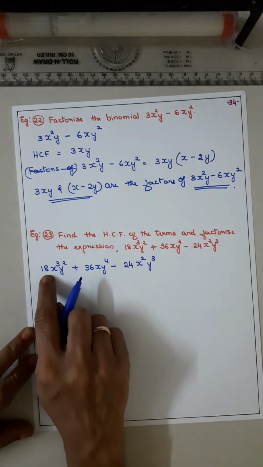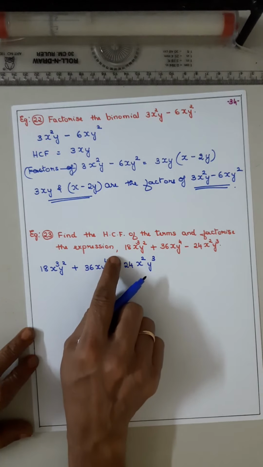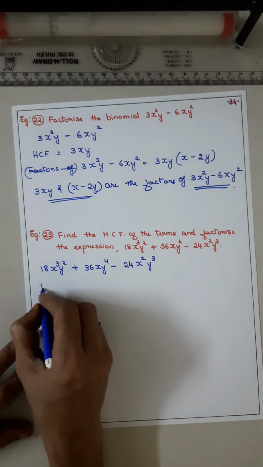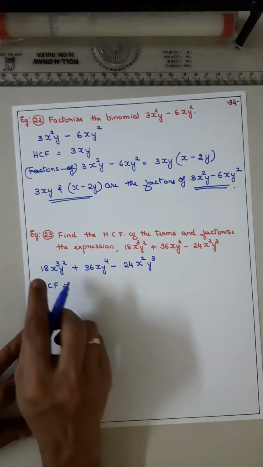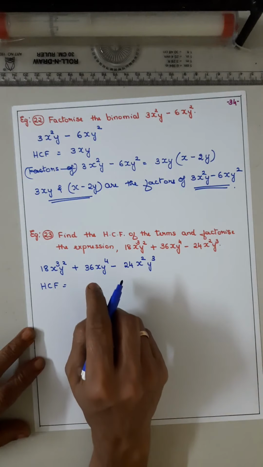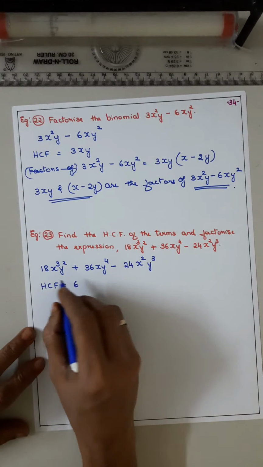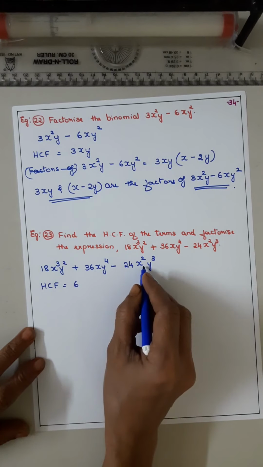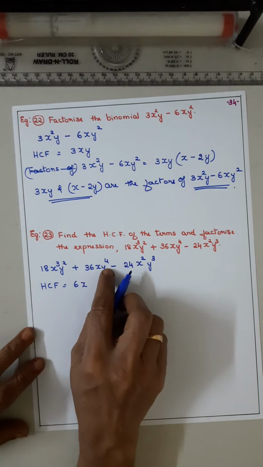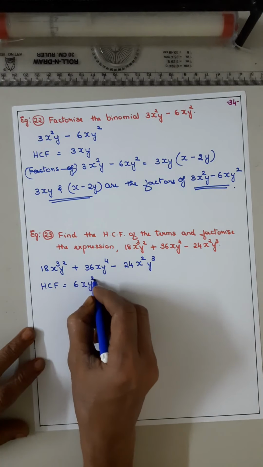Now HCF: 18, 36, 24, which is the largest table they come in? It is 6. Okay. Then x cube, x squared, so it is only x. Y squared, y to the power 4, y to the power 3, it is only y squared.